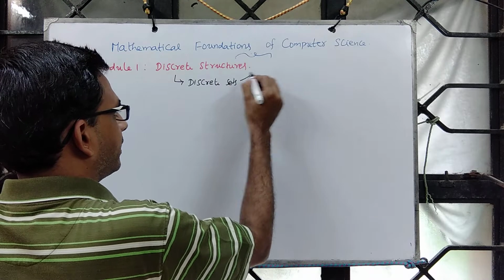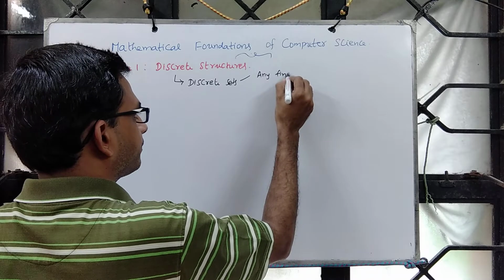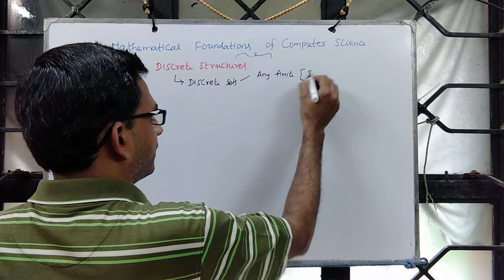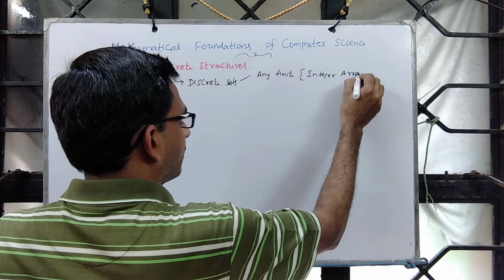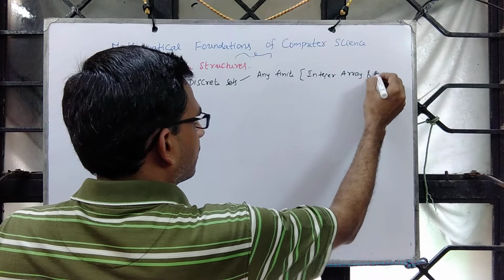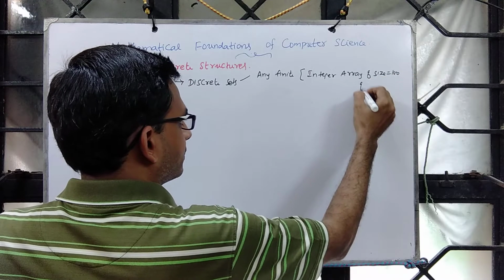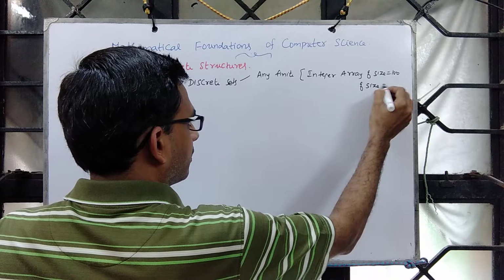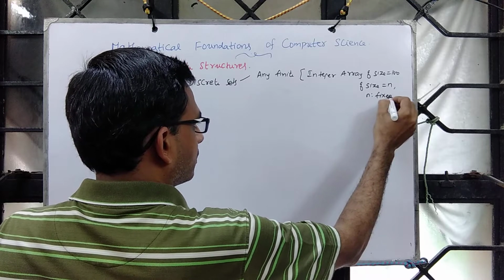For example, any finite set is a discrete set. Example, an integer array of size 100, integer array of size n, where n is fixed.